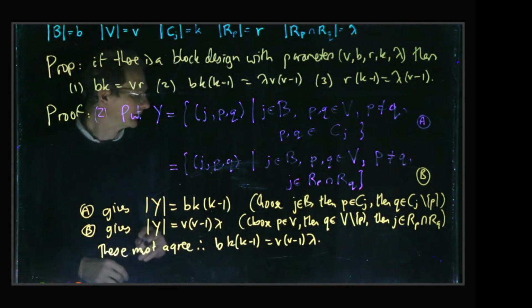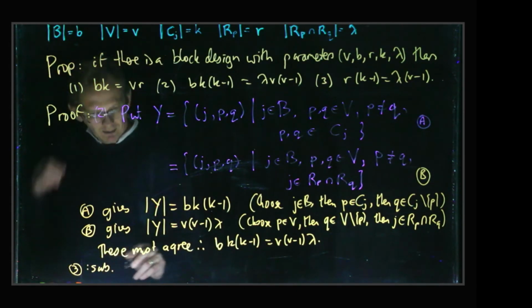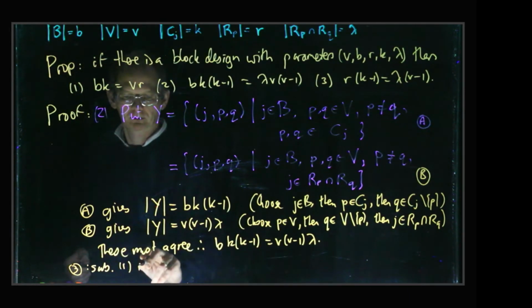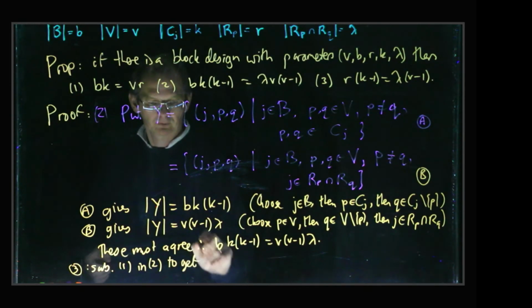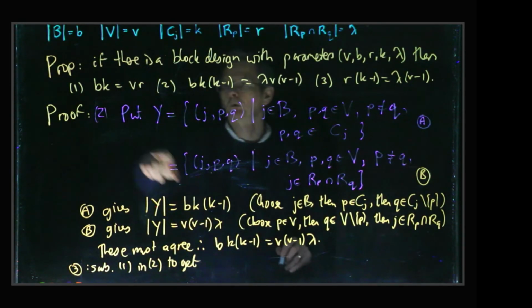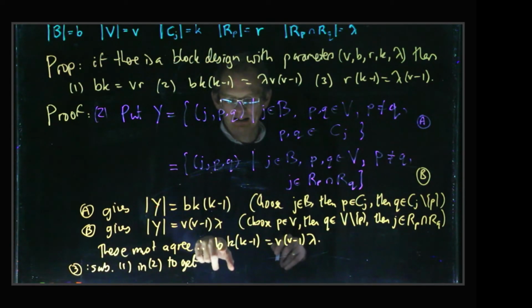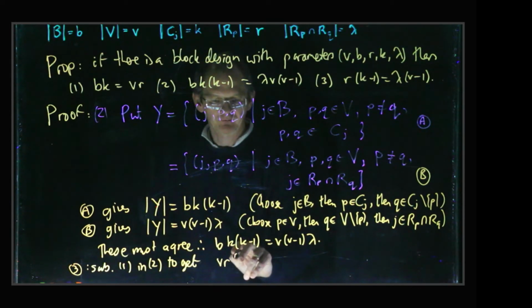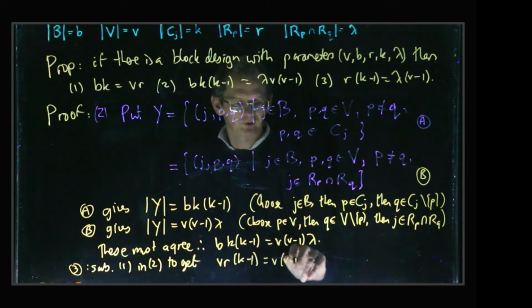And then what we do is we're going to substitute 1 in 2. So 1 says that bk is vr, so we can change this bk here to vr. So you get vr(k minus 1) is (v minus 1) lambda v.